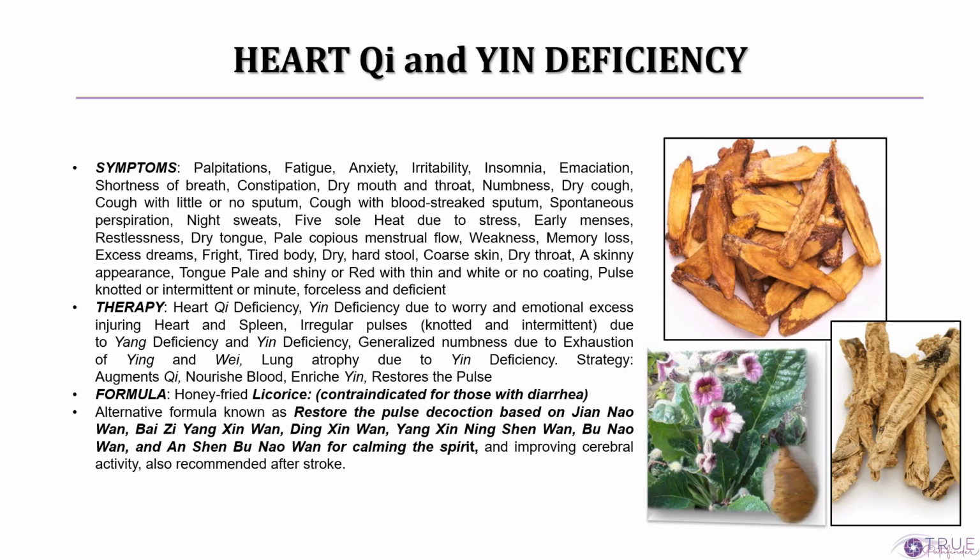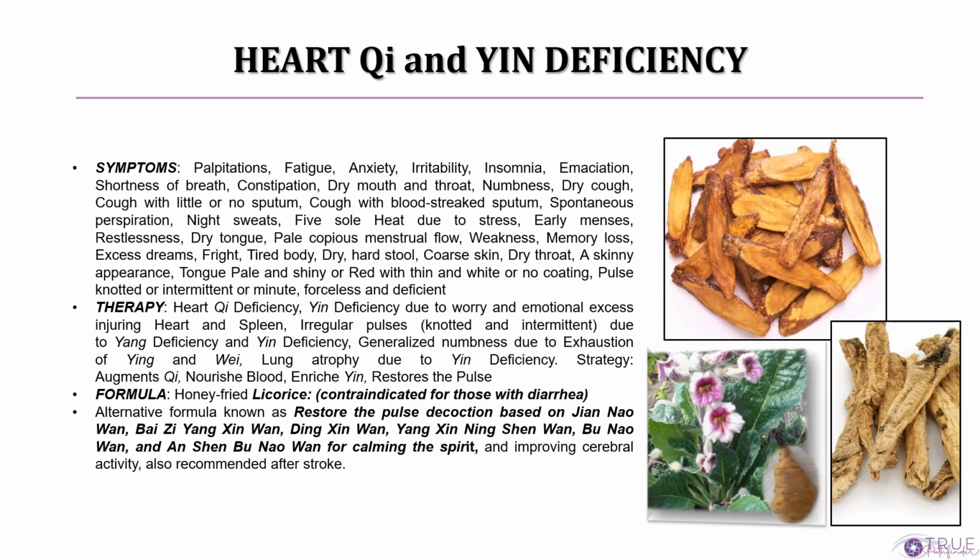Also, a strategy on top of that is to augment the qi, nourish the blood, enrich the yin, and restore the pulse. To achieve that, we use honey-fried licorice formula, which is contraindicated, by the way, for those who suffer from diarrhea.